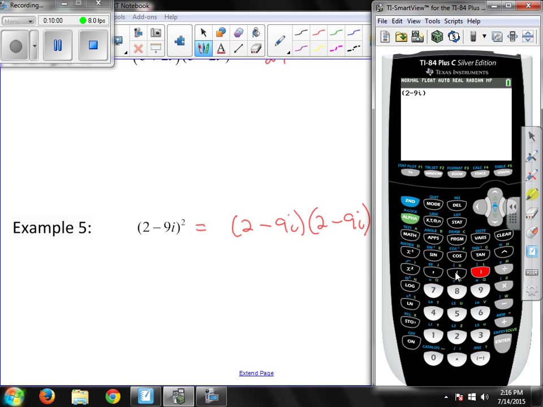Now, we could just type it out again, or we could use this x squared button right here, because what it does, it squares whatever's below it. And press enter. The calculator says the complex number is negative 77 minus 36i.